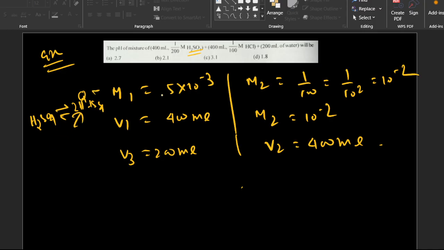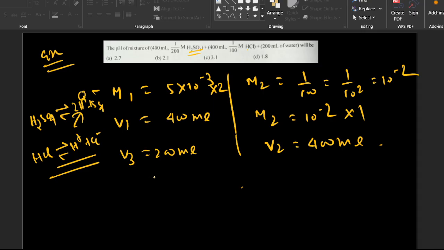So what I will do, for M1 I will multiply with 2, and similarly here only one H will come. HCl dissociates into H plus and Cl minus, so 1 H is coming, so here multiply by 1.